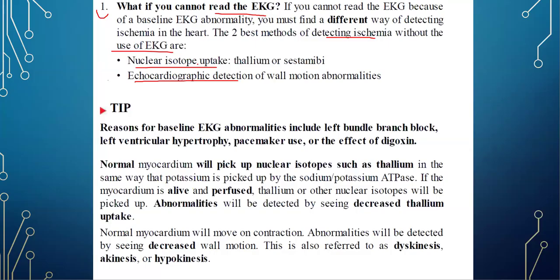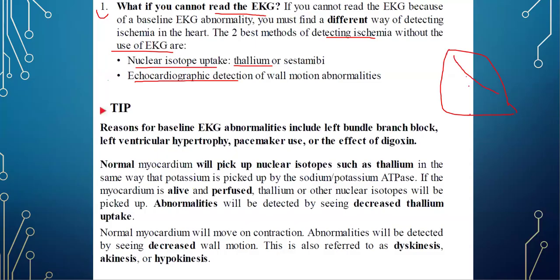You will insert an isotope in the patient's vein, a nuclear isotope, such as, let's say, a thallium isotope. If you insert a thallium isotope in the patient's blood, that thallium isotope will go to the heart, to the coronary arteries. This is called a myocardial perfusion scan, right?